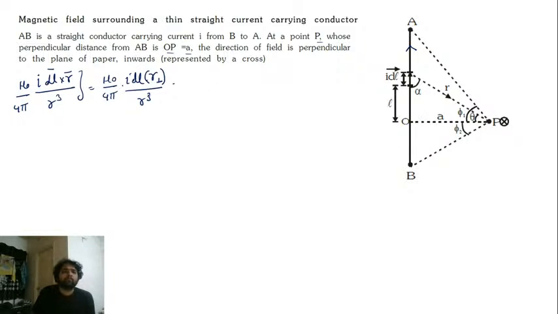All right. So now let's start solving this problem. We will have it using sin thetas. Alright, so here what is the field due to a current element? The field due to the current element is this much.